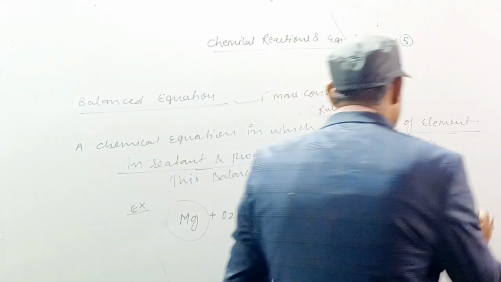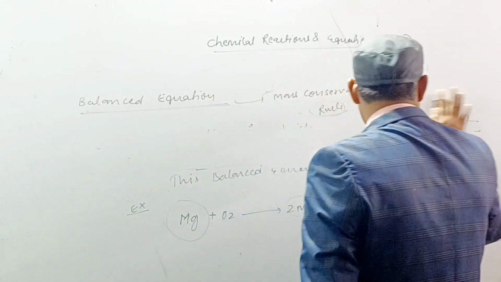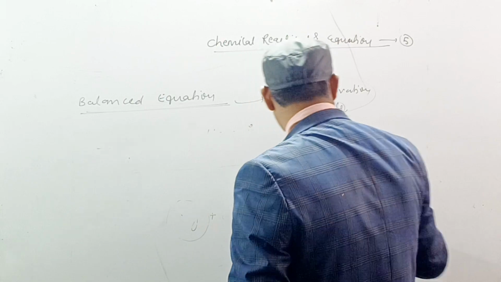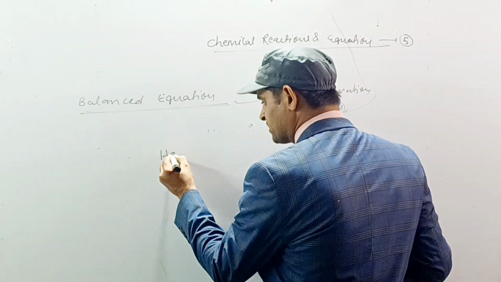And what method is used to convert the imbalanced reaction into the balanced reaction? This method is the hit and trial method.